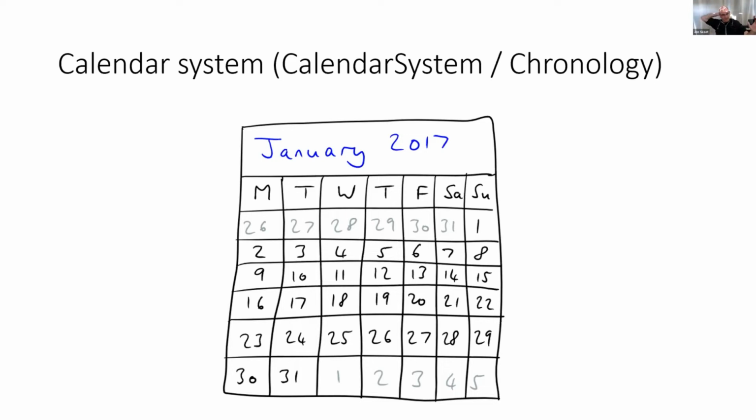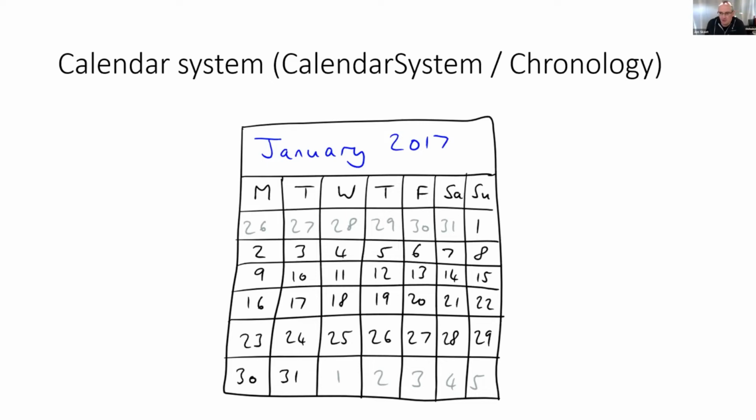So a calendar system, the point of a calendar system is to divide time into days, months, and years. That's basically it. If we ignore time zones, because they're difficult, we'll come back to those. You can imagine a timeline. So horizontal line, and you break it up into days, and you could have day 0, day 1, day 2, day 3, day 4, day 5, etc., from whatever calendar epoch you want.